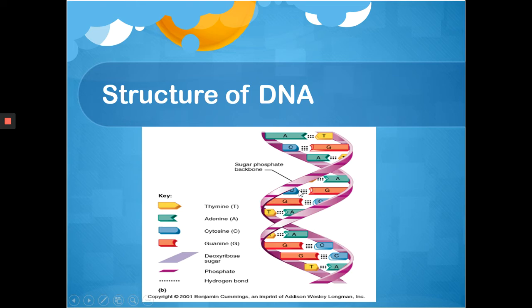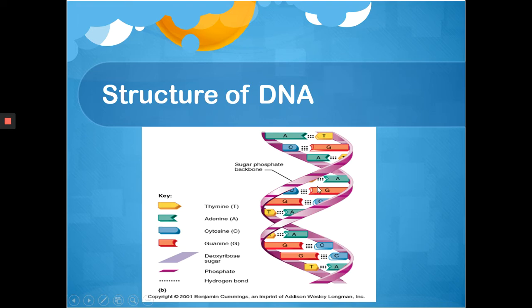And then if we look at the rungs of the ladder, we see our nitrogen bases. Here's adenine, and by our base pairing rules, I know that this is going to be T, thymine. A always bonds with T, C always bonds with G. Adenine to thymine, guanine to cytosine.